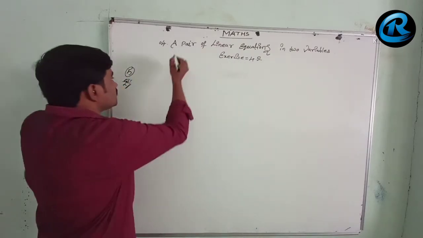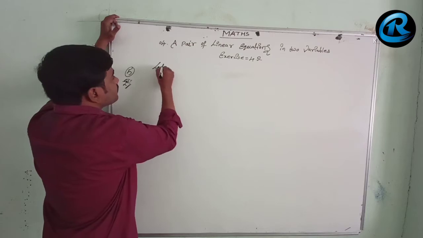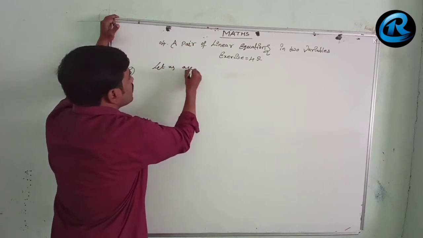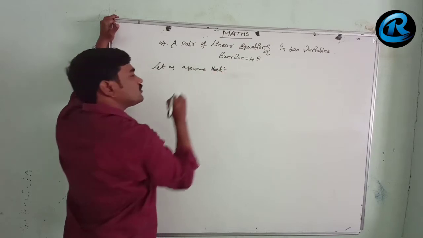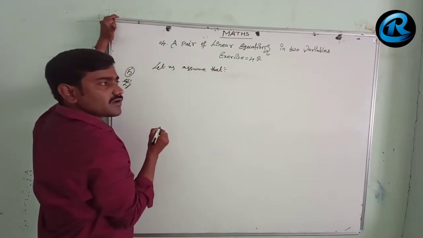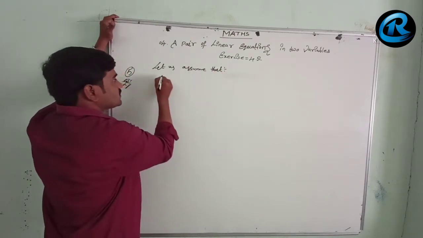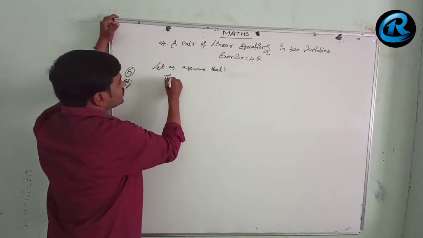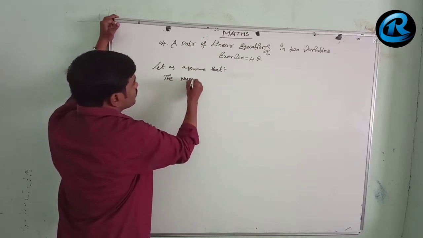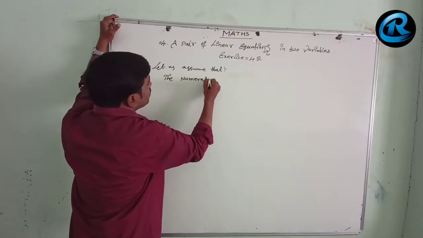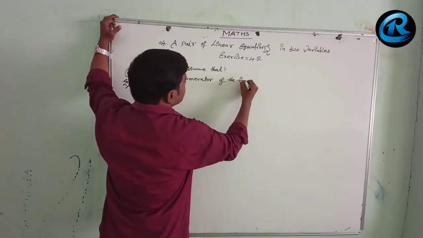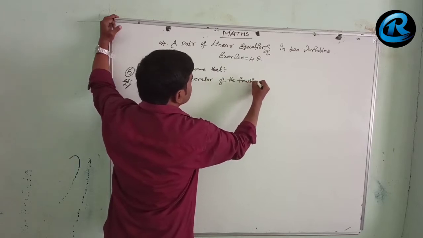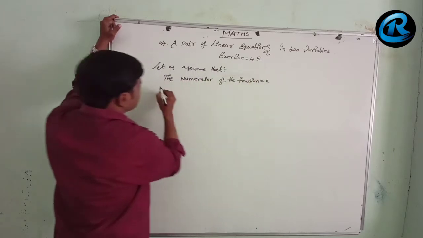Let us find out. So first of all, let us assume. Do you know what is the numerator and what is the denominator in the question? We don't know. So let us assume the numerator of the fraction equal to x.